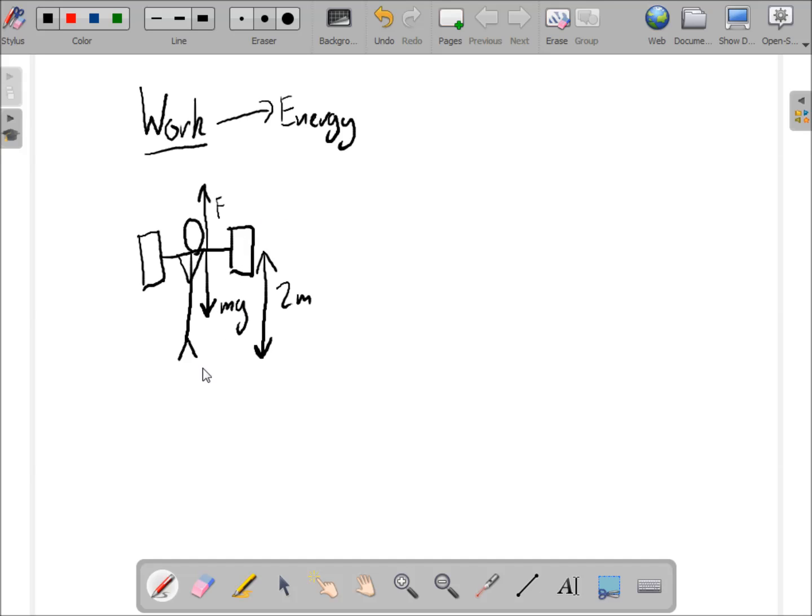So the energy transfer here is he's giving it the kinetic energy to get up to that height where it's gained gravitational potential energy. And the formula that you should be familiar with from GCSE, the work done on this object is equal to the force applied multiplied by the distance travelled.